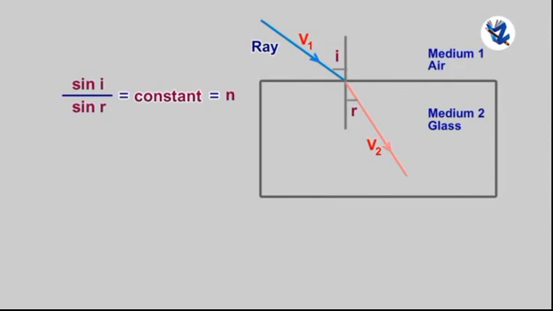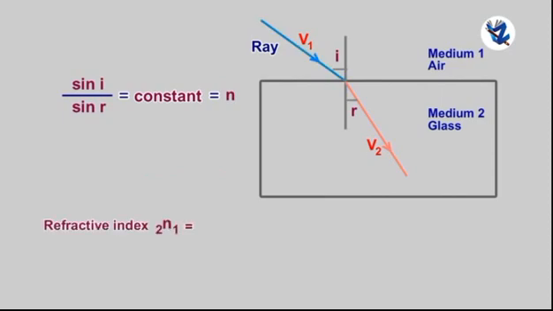Here n is the refractive index of the second medium with respect to the first medium, and this is called Snell's law. Let the velocity of light in medium 1 be v1 and in medium 2 be v2.